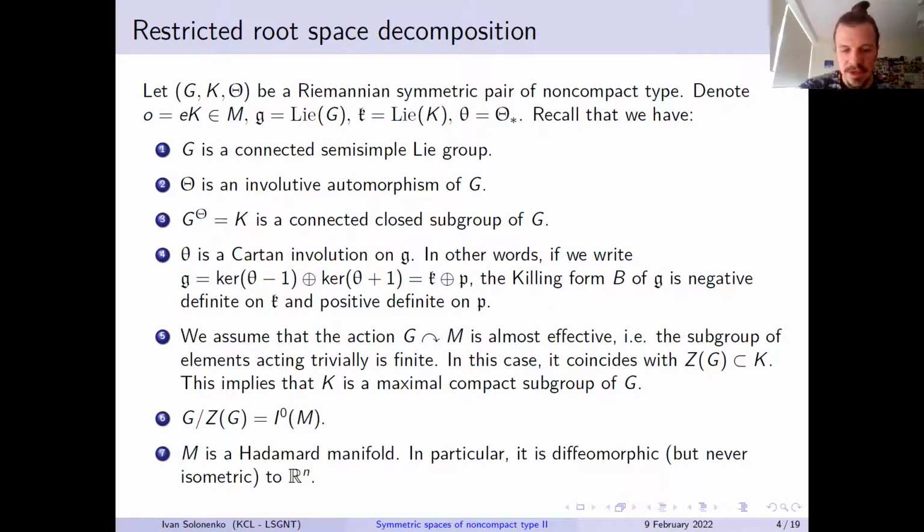And finally, again, it was mentioned last time, M is a Hadamard manifold, so it has non-positive sectional curvatures, and it's simply connected. In particular, it's diffeomorphic, but never isometric, to R^n.